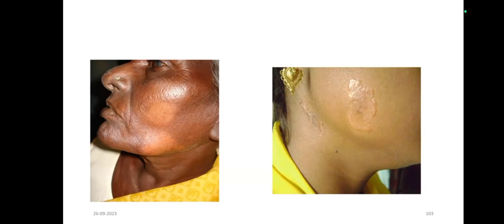Let me remind you of one case which came to my OP, a girl of 20 years. She had come for hair fall, and I had to check whether there was any scaling on the hair, dandruff, but she told me there were a few scales on the skin. Then I observed a small white patch on her scapular region, and I examined it.